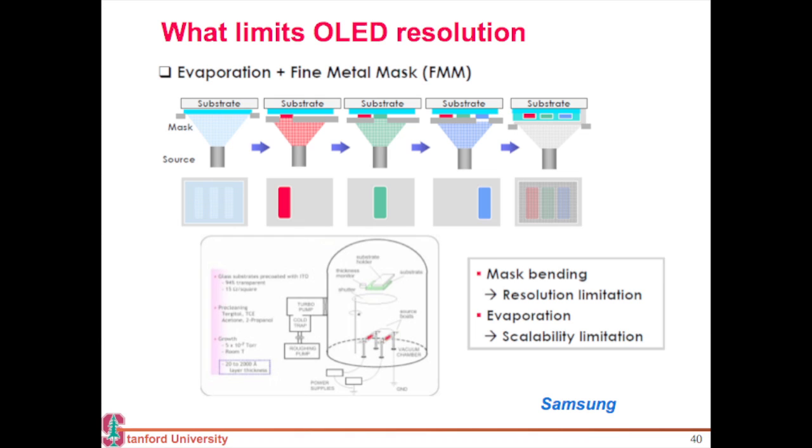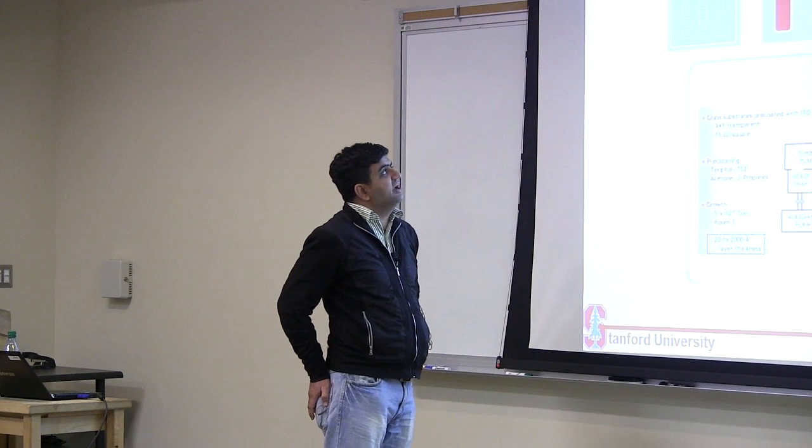Using these 3 different molecules is essentially what limits your resolution. Since you have to use 3 different molecules and place them side by side, currently they are manufactured using very sophisticated technology of evaporation and fine metal mask.